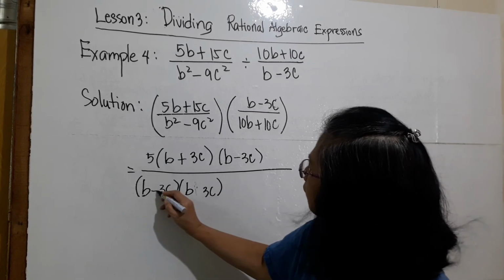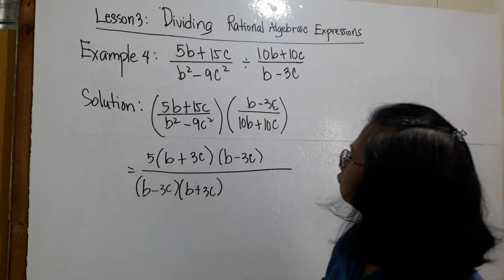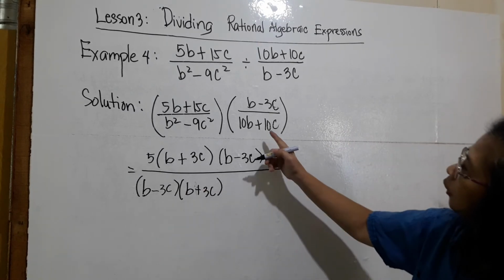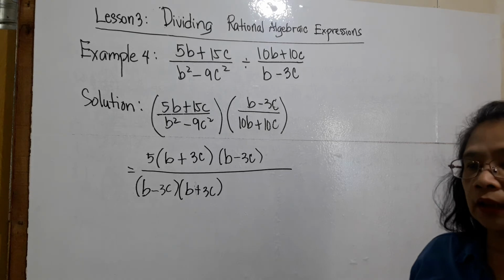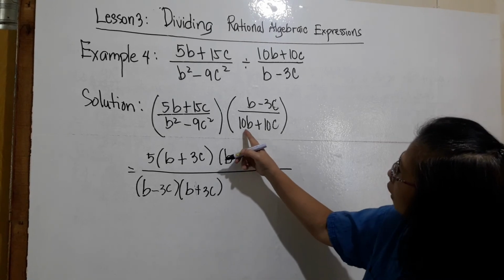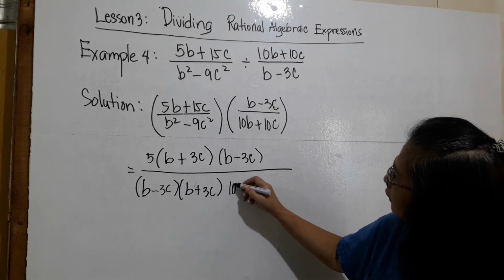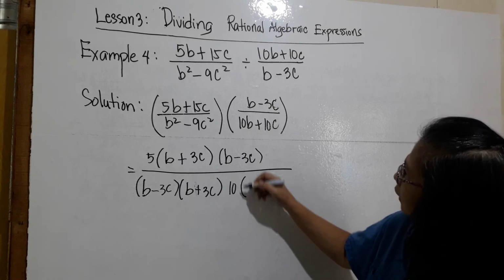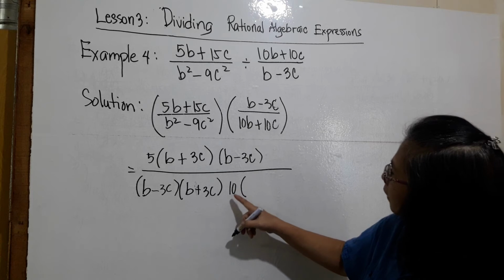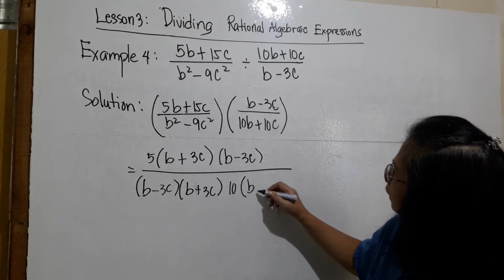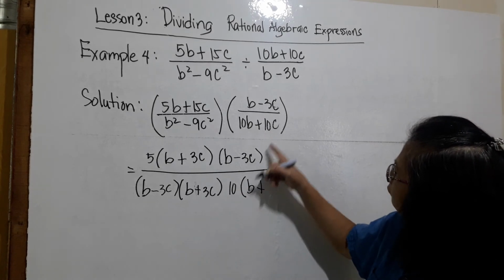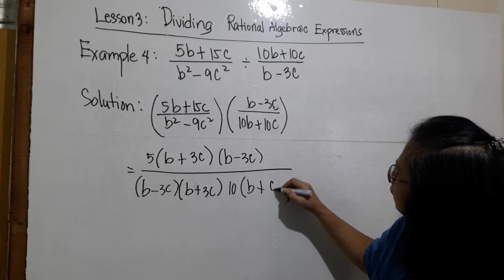One should be negative, one should be positive. For the denominator of the second factor, the CMF is 10. Okay, 10b divided by 10 is b, plus 10c divided by 10 is c.